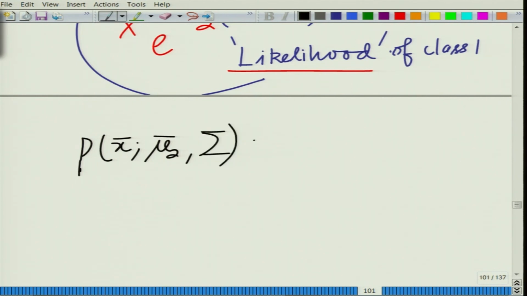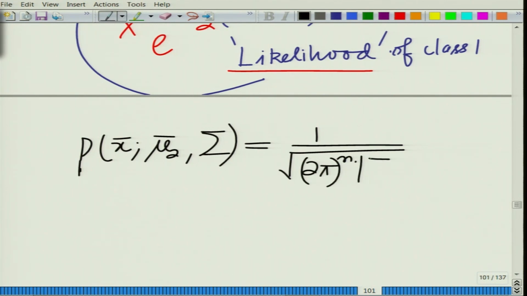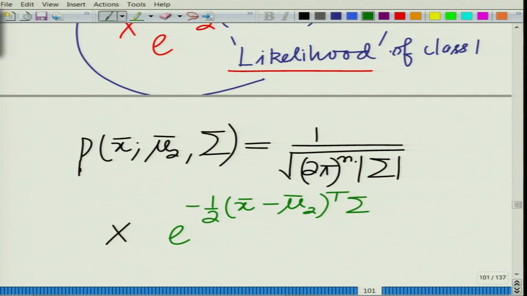This is equal to 1 over square root of 2 pi raised to the power of n times the magnitude of sigma, the determinant of the covariance matrix, times e raised to minus half x bar minus mu2 bar transpose sigma inverse x bar minus mu2 bar.